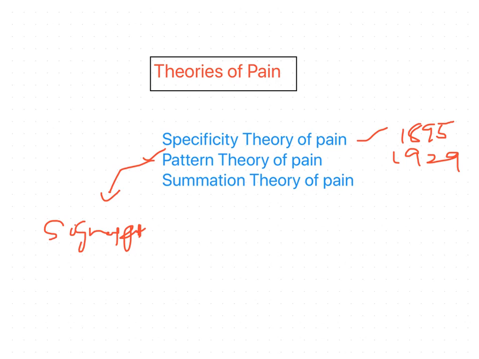It sends those impulses in a pattern type. Because of that pattern type, how much pressure is obtained and for how much time, by taking these two things, the brain interprets that pattern.